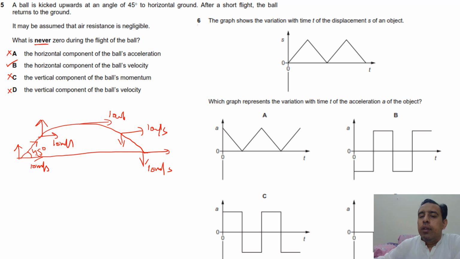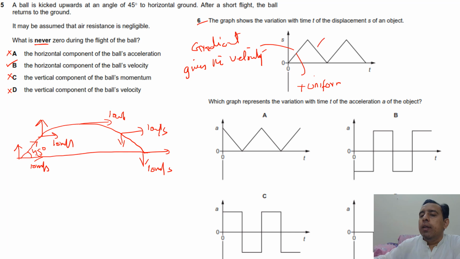Look at this question. This question is actually a graph between the displacement and time. The gradient gives you the velocity, or the slope gives the velocity. Here the slope is positive and uniform.